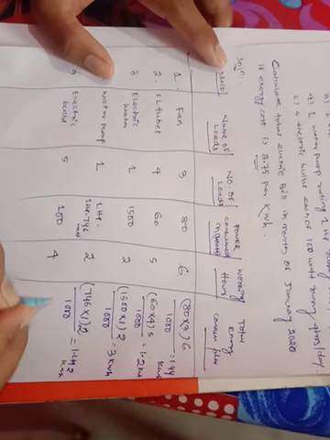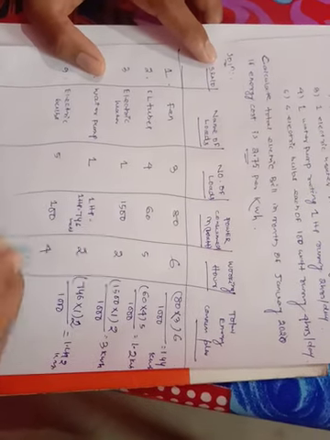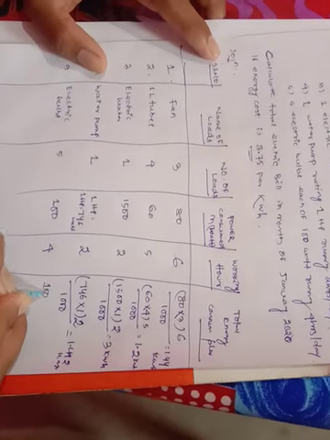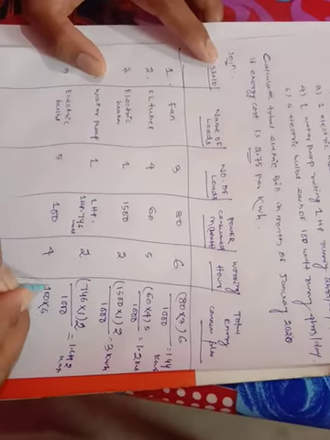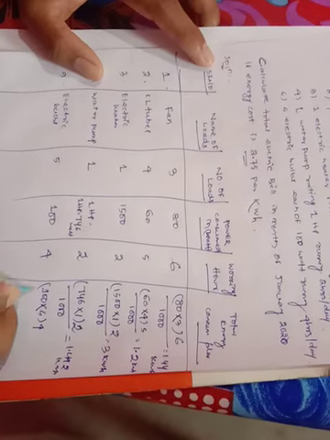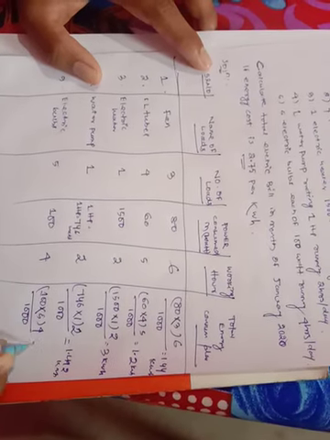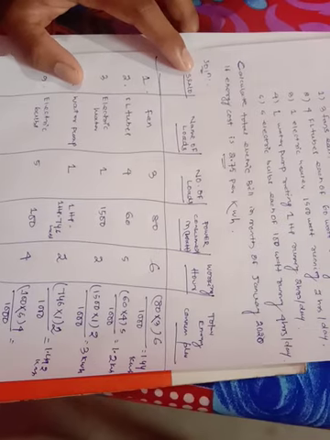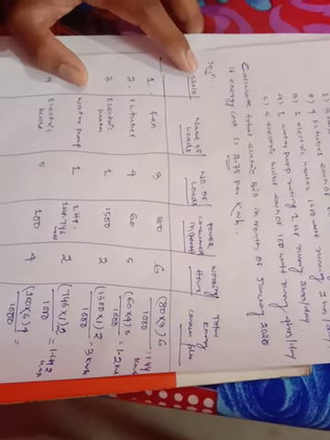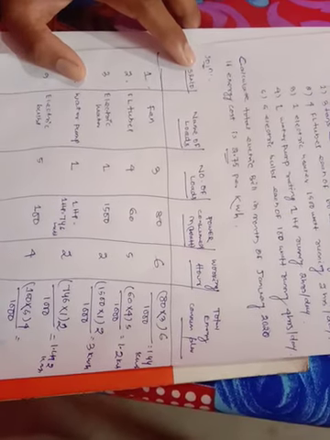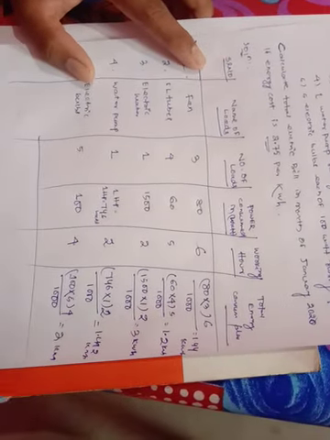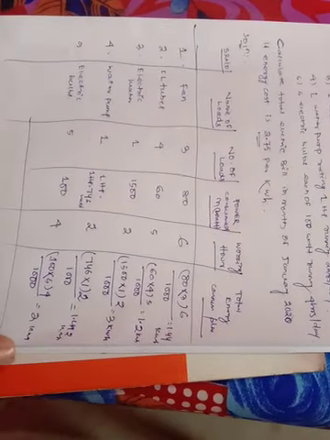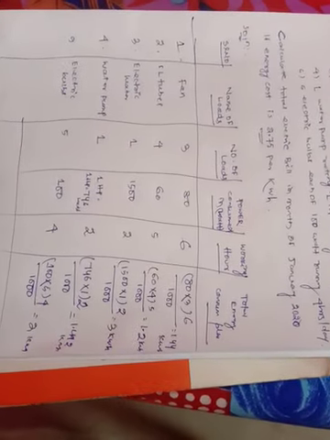So watt into hour divided by 1000: 100 into 5 into 4 divided by 1000 equals 2 kilowatt hour.